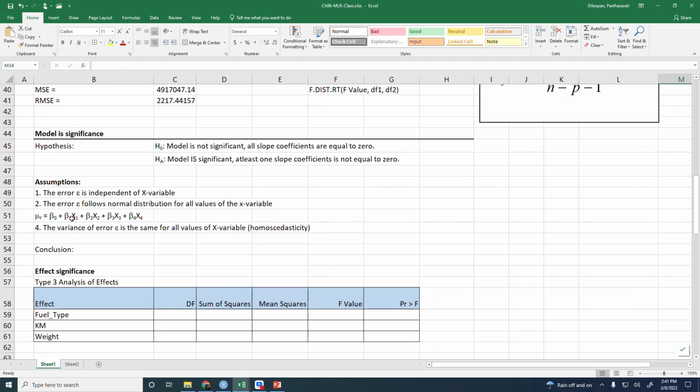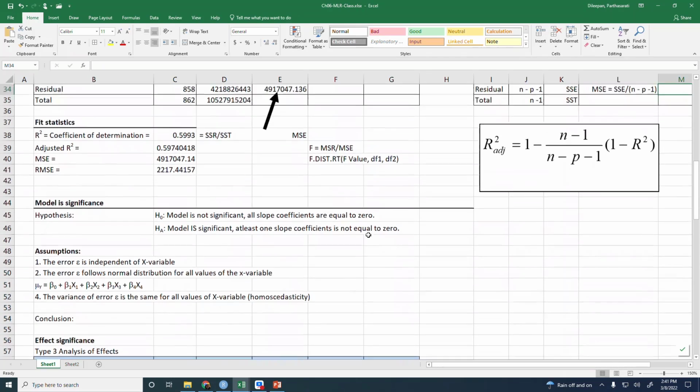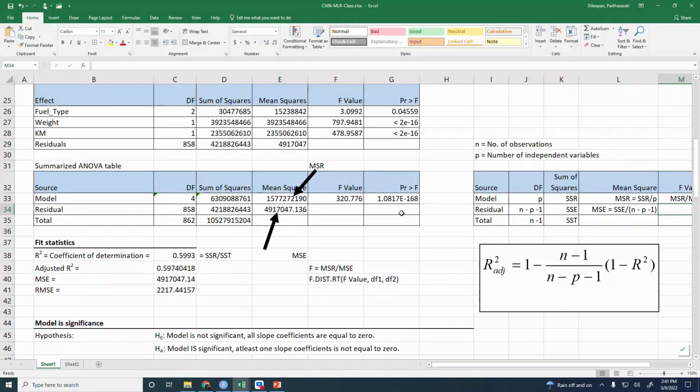So these are the assumptions that you have to make if that's what you want. And then, of course, you check the p-value. I already talked about the p-value being the key. Anything less than 5% means the model is good, the variable is good in the model, and so on.